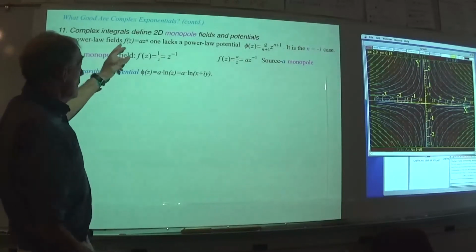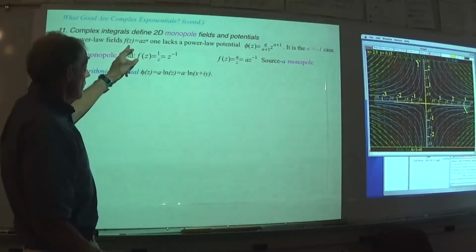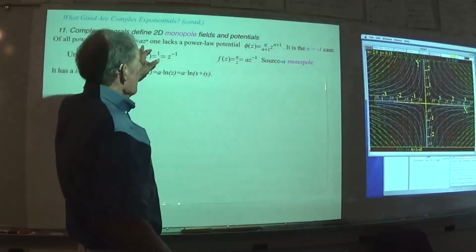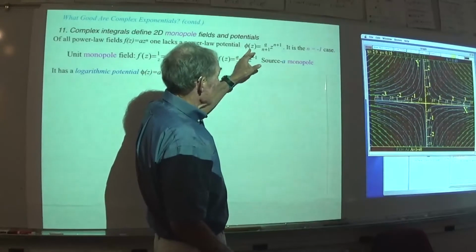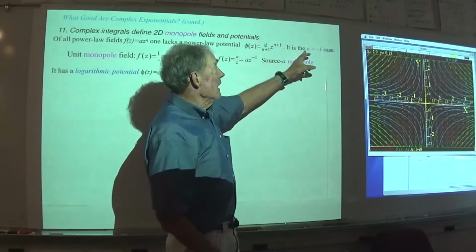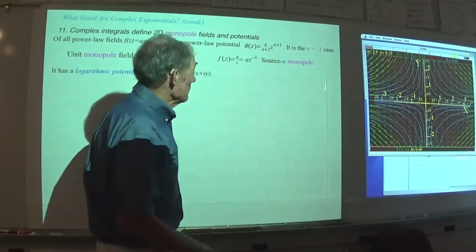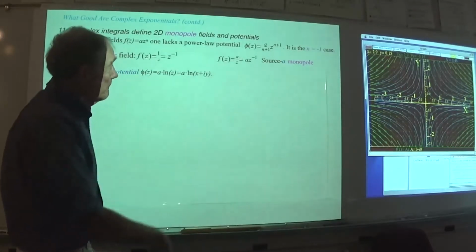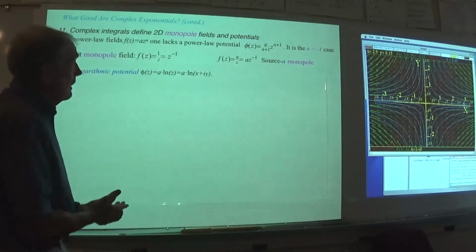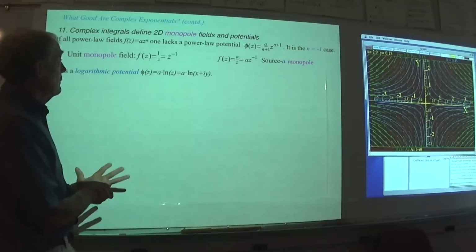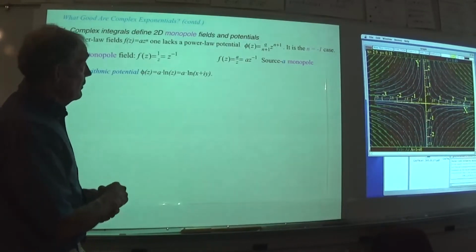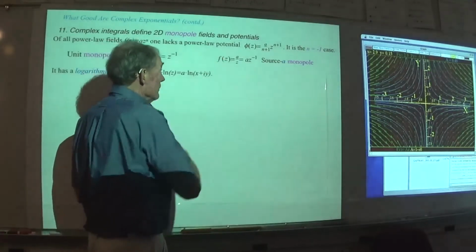Of all the power law fields that we have, one lacks a power law potential, and that's this guy. Of all the possible power laws that I can have, I make what will be called multipole functions, but this particular one, the monopole, is the only one that doesn't have a power law potential.